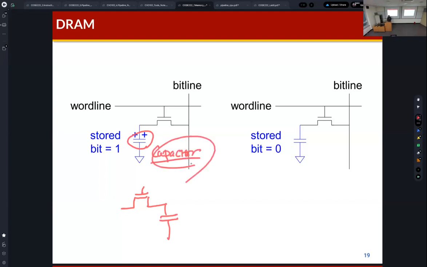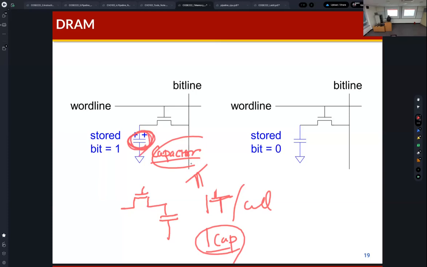Actually, one cell of DRAM requires one transistor and one capacitor. The data is stored in this capacitor.